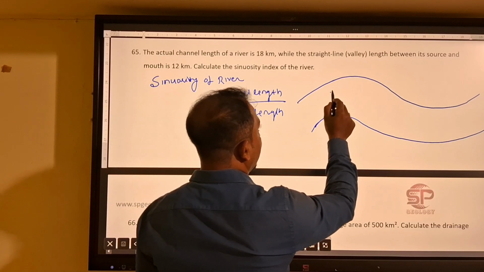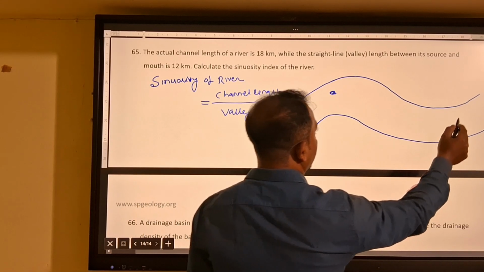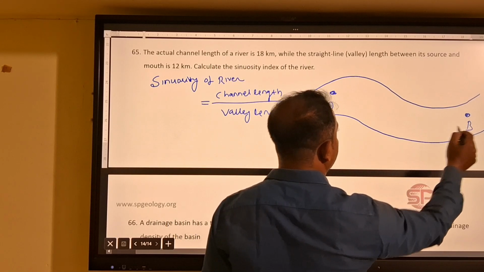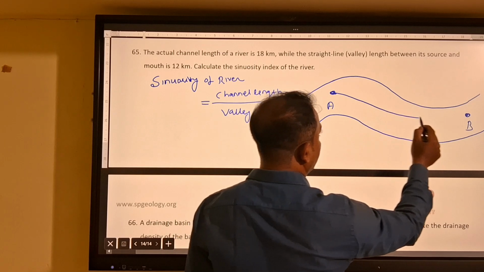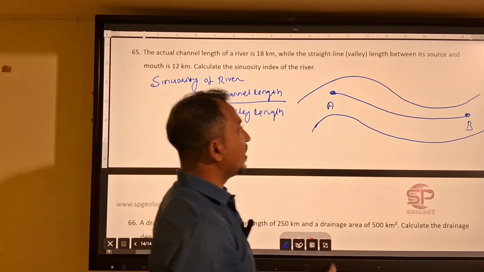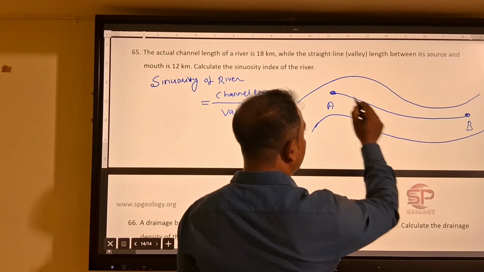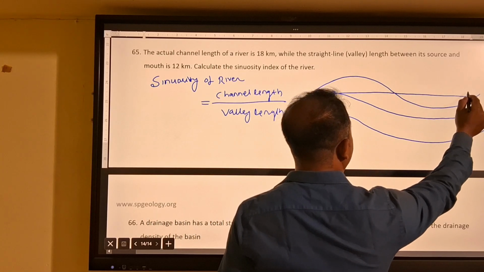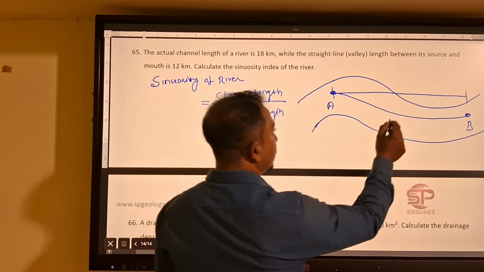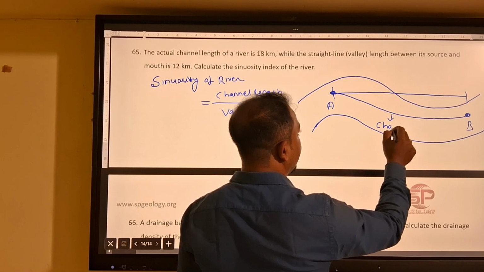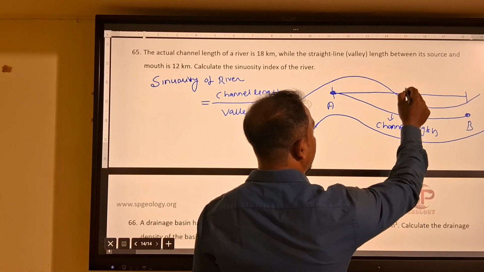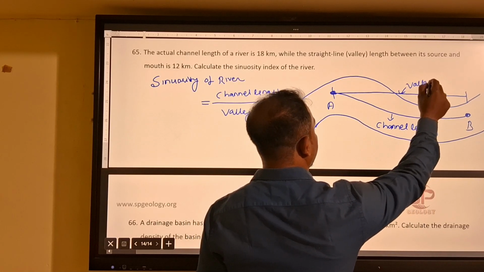Suppose you take from point A to point B. The length along the channel is the actual length, and the straight distance between these two points is called the valley length. So this is your channel length, and this is your valley length.